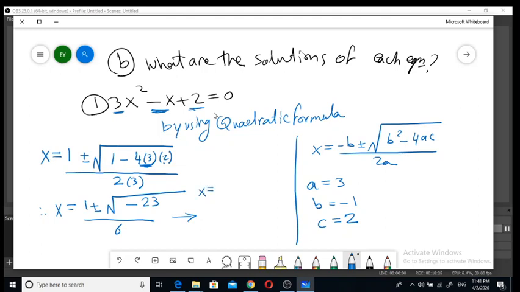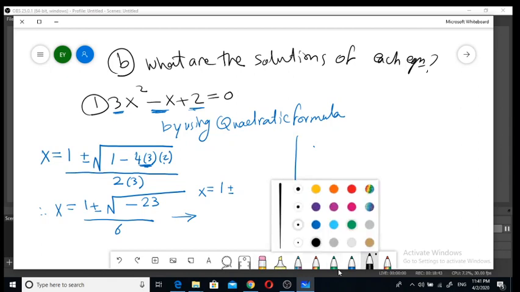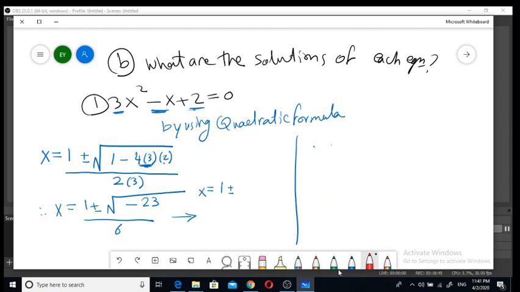Then easily we can find x, which is 1 plus or minus square root of negative 1 times square root of 23 over 6.